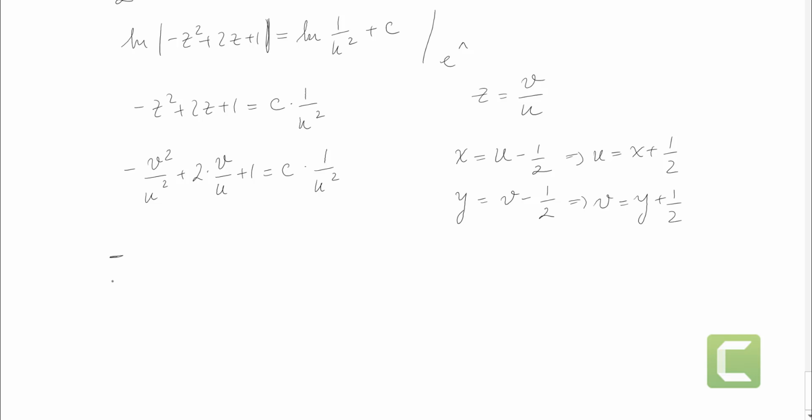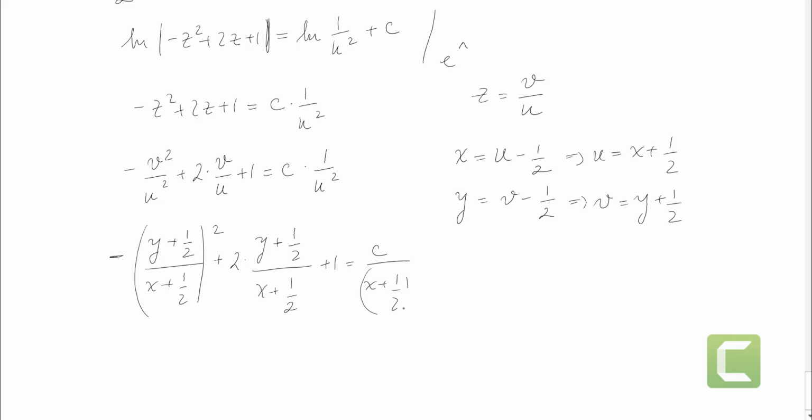So here we're going to have −((y + 1/2)/(x + 1/2))² + 2 (y + 1/2)/(x + 1/2) + 1 equals c over, well, u² is (x + 1/2)².